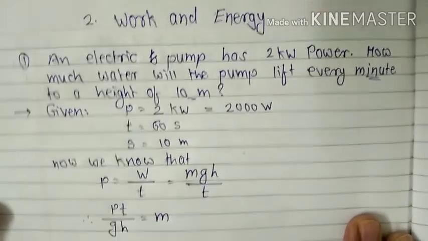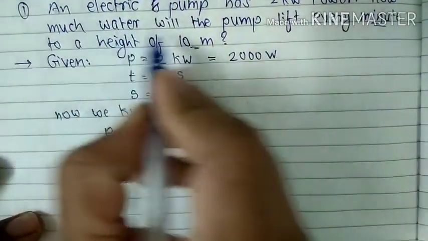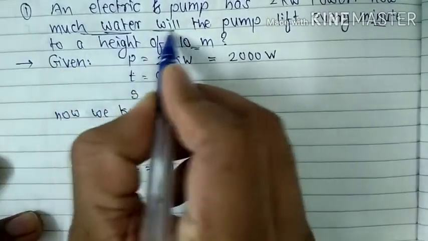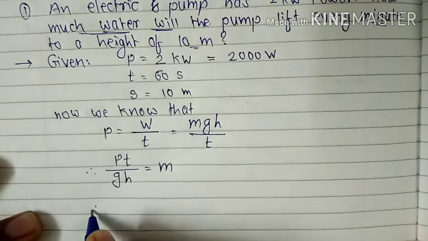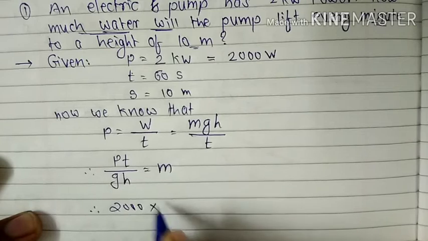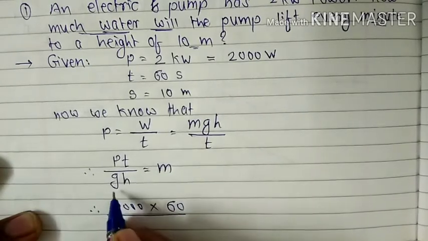So let us substitute the values. Question was how much water, का वेट क्या है, मास क्या है, ये क्वेश्चन है. m is the mass, so let us substitute the values. What is p? P is equal to 2000. What is t? T is equal to 60 upon what is g?